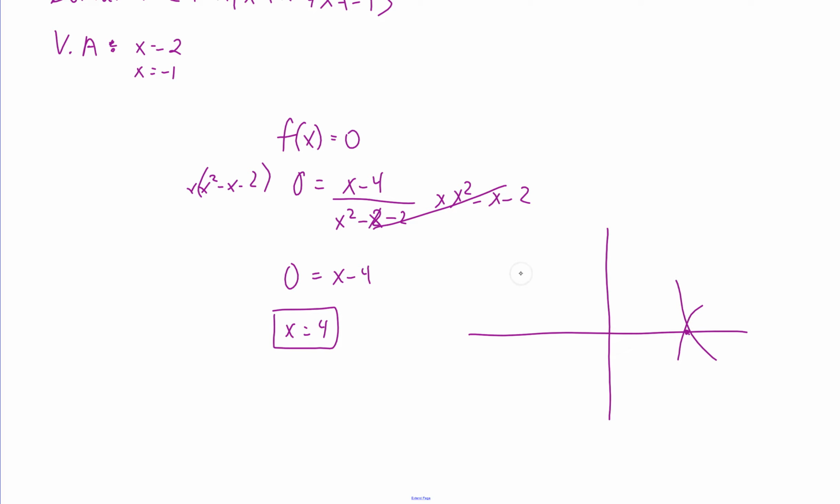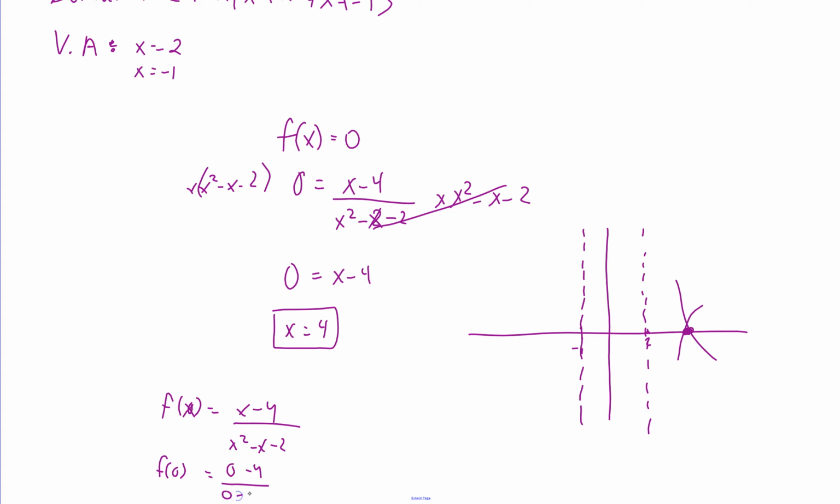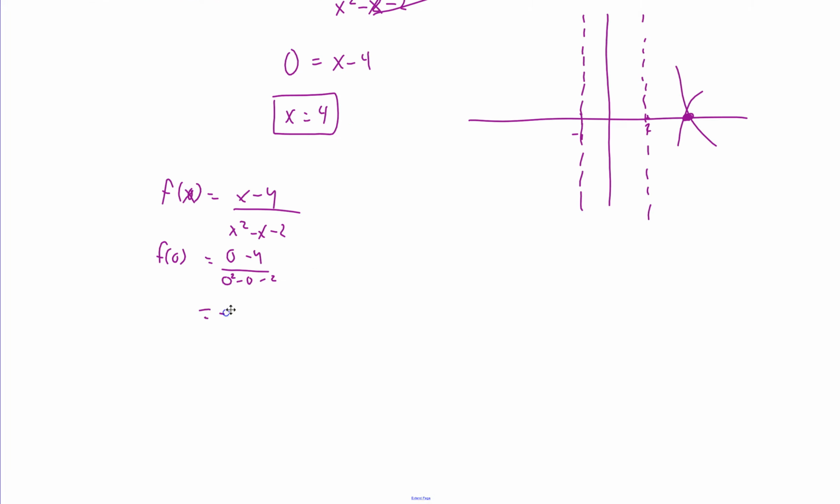If we want to put our vertical asymptotes in as well, at 2 we'll have something like this, and at negative 1, and then we have our x-intercept there. Now to find our y-intercept, we try to find f of 0. So we replace x with 0: 0 minus 4 divided by 0 minus 0 minus 2, which gives us negative 4 over negative 2, which is equal to 2.